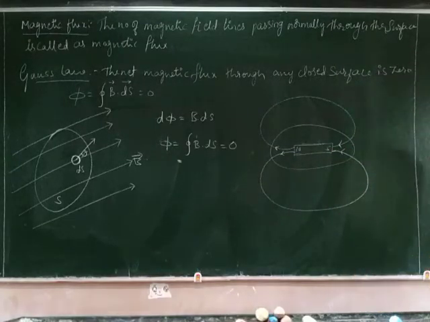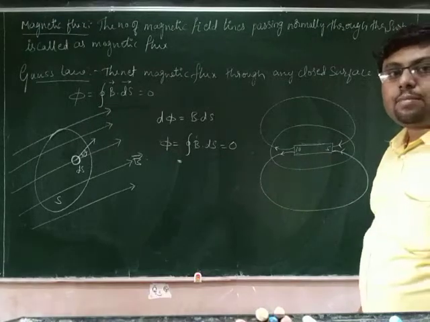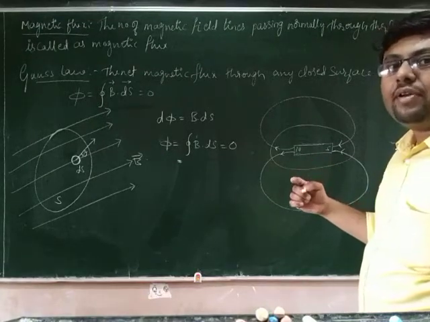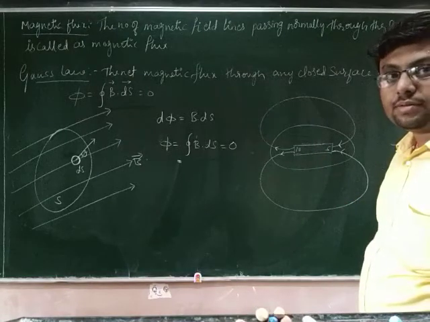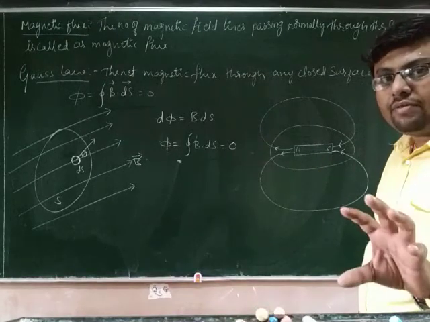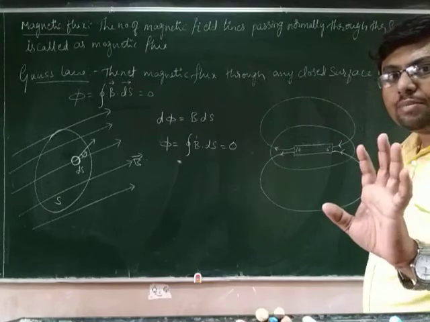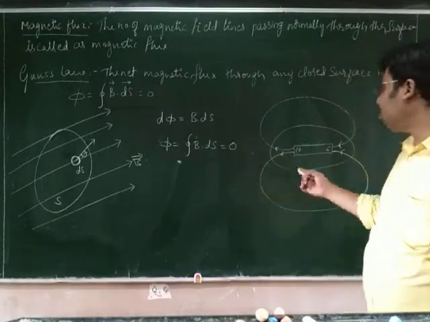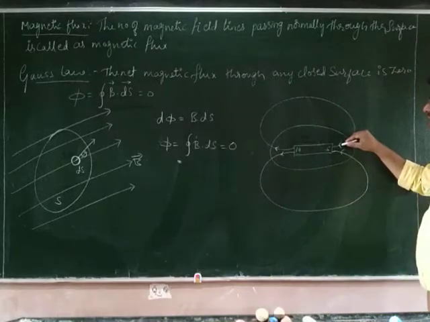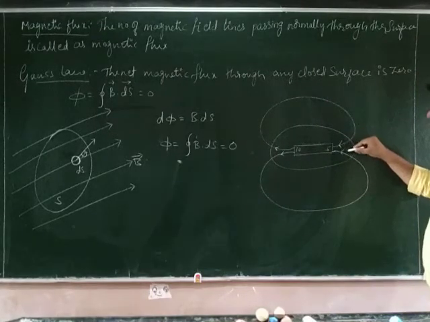So according to Gauss law, we can say the number of incoming field lines is equal to the number of outgoing field lines. As you can observe here, how many field lines were coming inside the surface? 1 and 2.